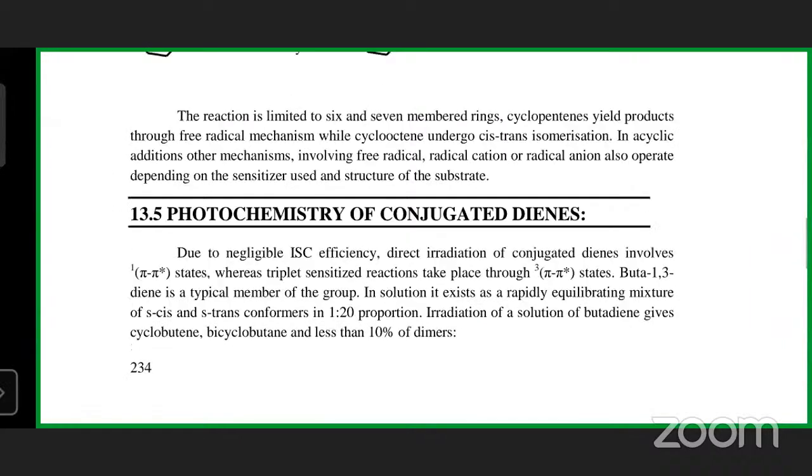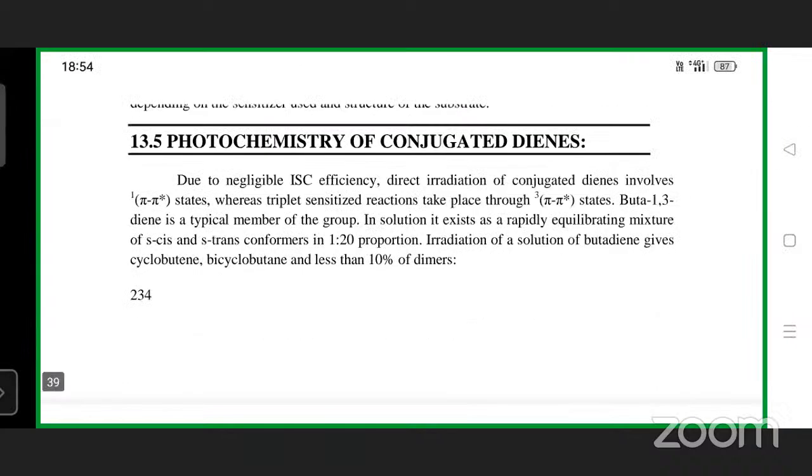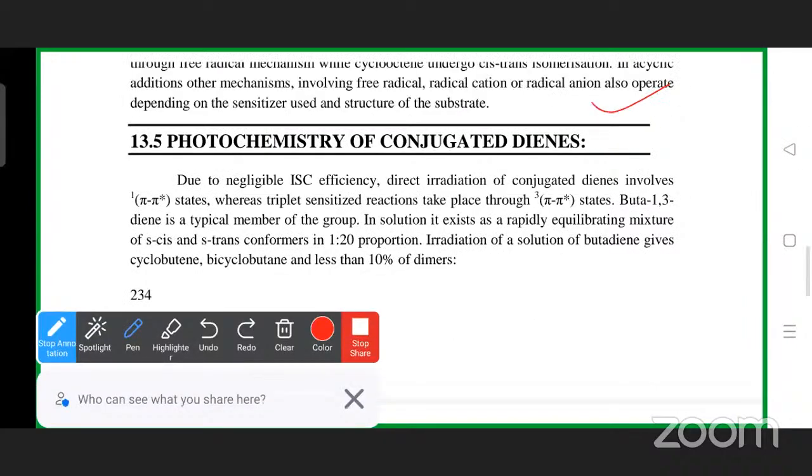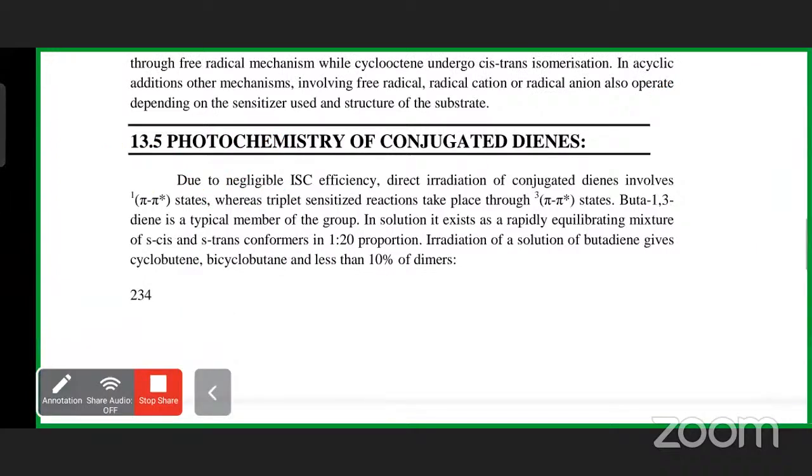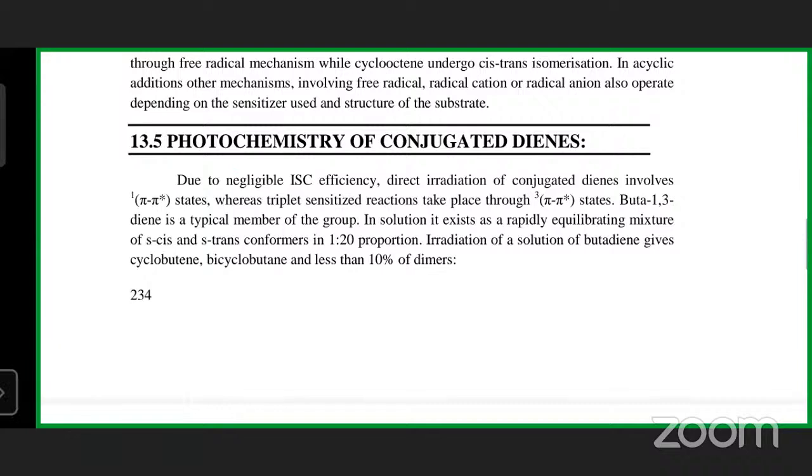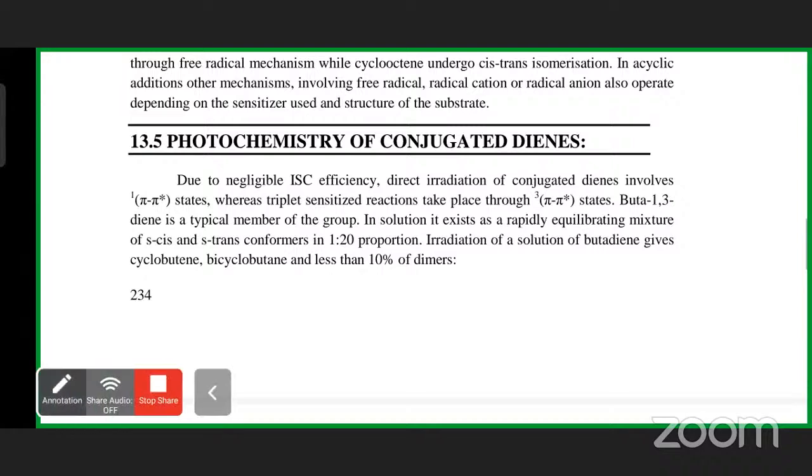Here also the same thing. Now the photochemistry of conjugated dienes is very, very important. In the previous classes we discussed the dienes, butadiene for example.